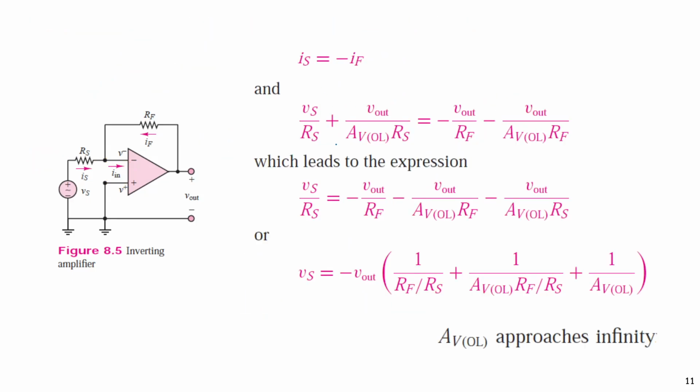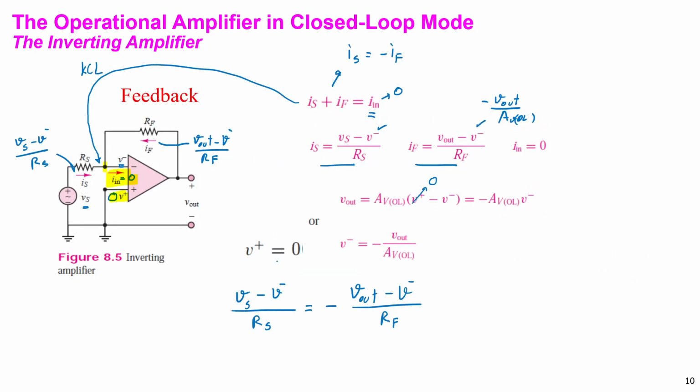And we also substitute V negative by minus V_out divided by A open loop.